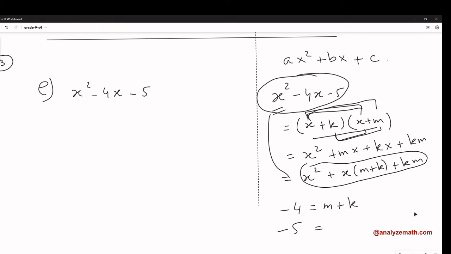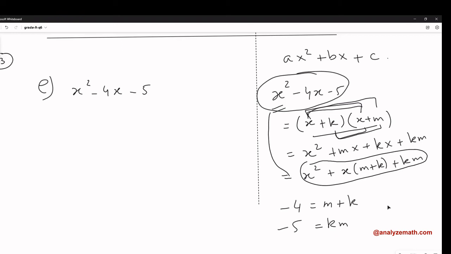Here it's k multiplied by m. Okay, so we want this polynomial to be equal to this one. Therefore, their corresponding coefficients must be equal. The coefficient of x² is 1, and x² is 1. Here −4x, m + k, and so on.